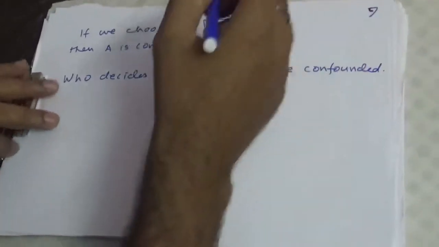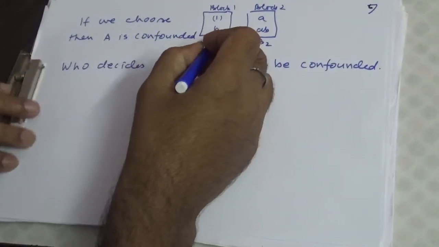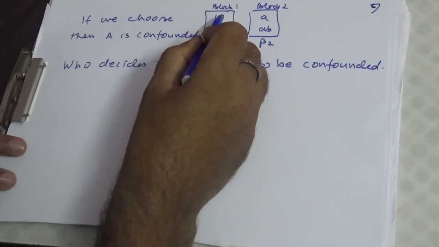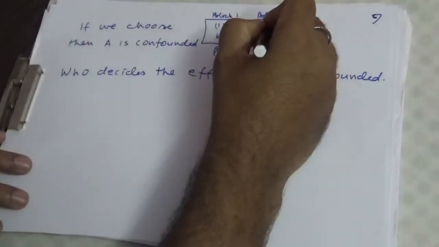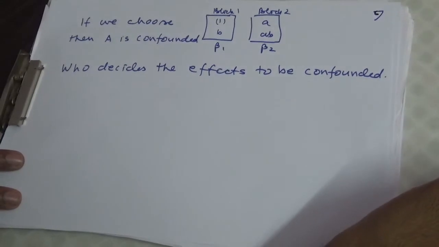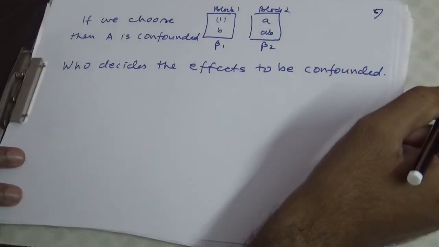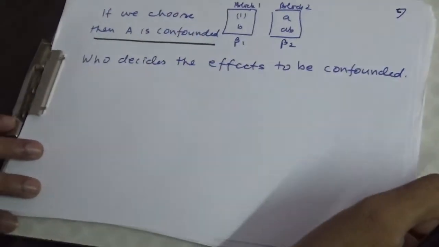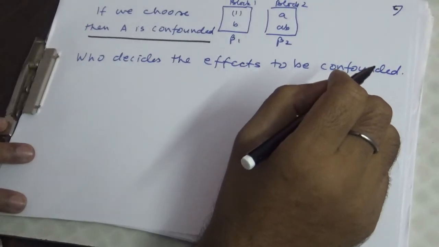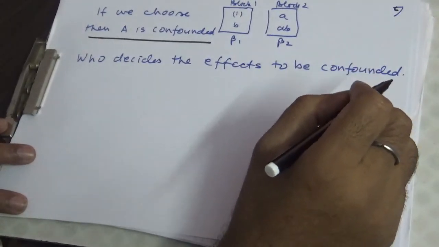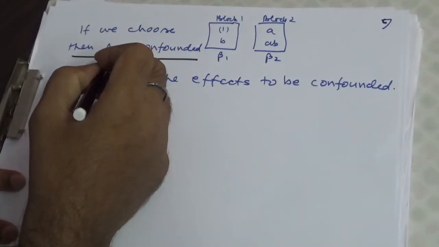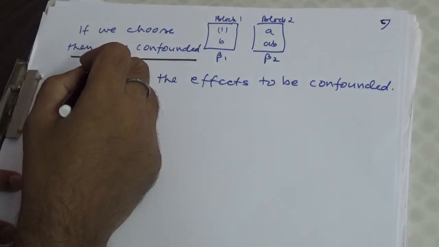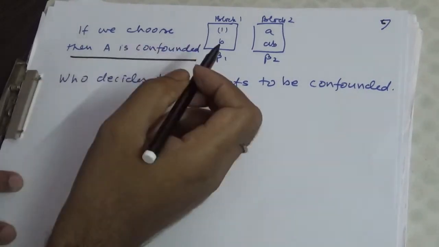Suppose instead of the earlier block arrangement, I take a new one in which block number 1 is assigned 1 and B, and block number 2 is assigned A and AB. If you do the same exercise, you will find that in this case A is getting confounded. I request you to spend some time and try the same exercise by writing out AB, but the final outcome is that in this case A is getting confounded.